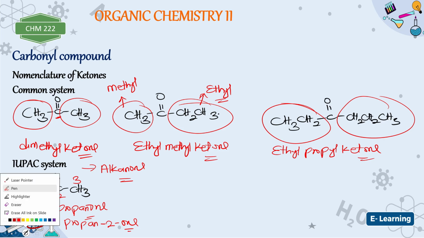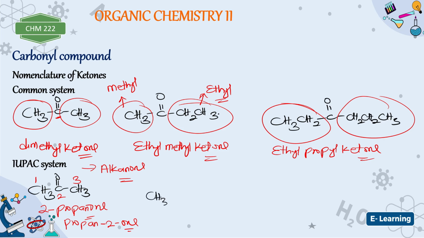Alright, so let's see another one quickly. How about this one we have here? This CH3, C double bond O, CH2, CH3. How do you name this compound using the IUPAC nomenclature? If you number from this side, you have 1, 2, 3, 4.